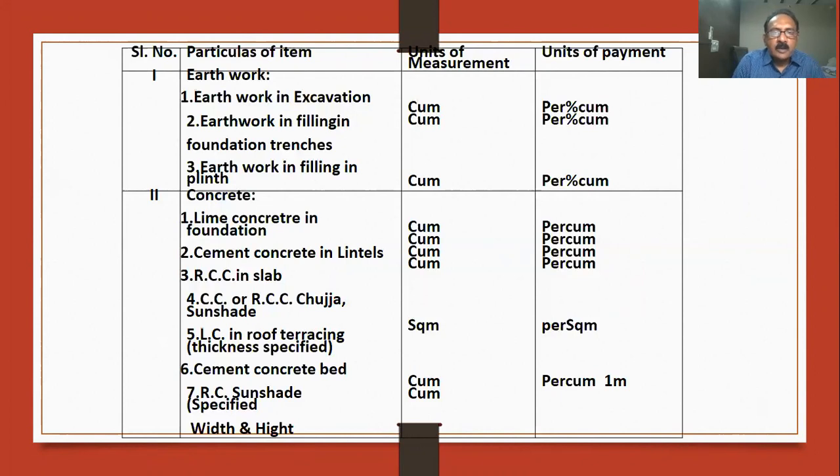Even you are asked to solve problems on these items. One plan and section is given in the question paper, and you are asked to calculate the quantities of these particular items.